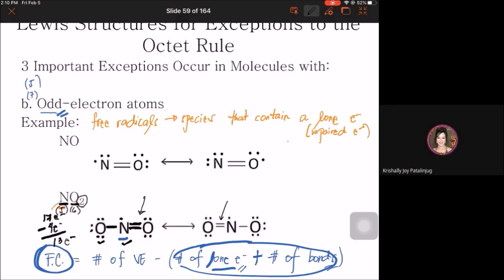Hindi pa rin yan ni-attain. Kahit na-drawn na natin yung mga Lewis structure nila, try to check the atom of nitrogen, and then in this example, si oxygen. Hindi yan 8, total of 8 electrons. Dito, 2, 4, 7 lang. No? Pareho 7 lang sila. So, odd. Di ba? Odd number yung 7.